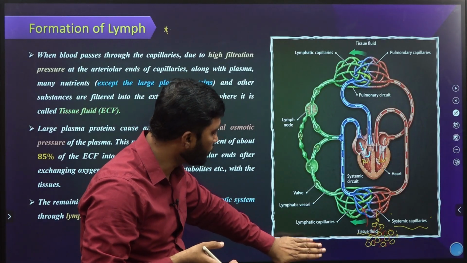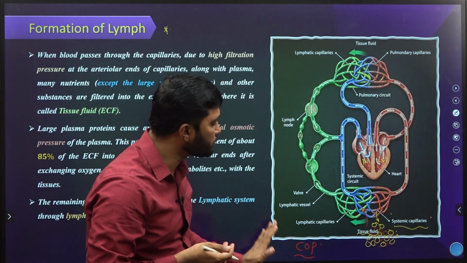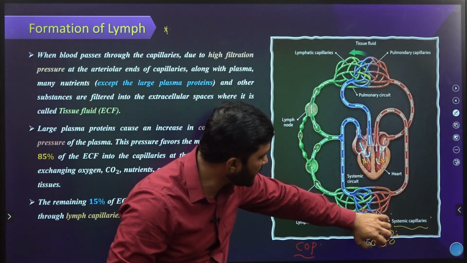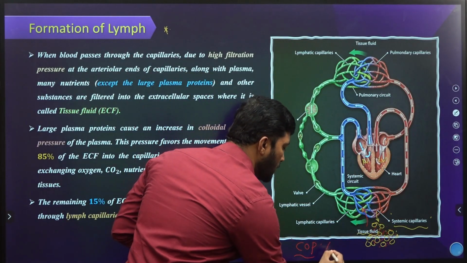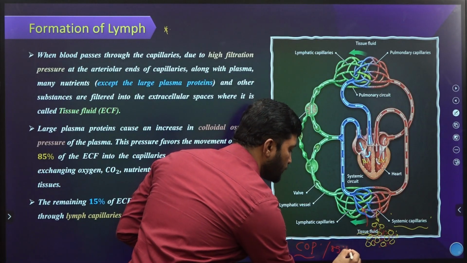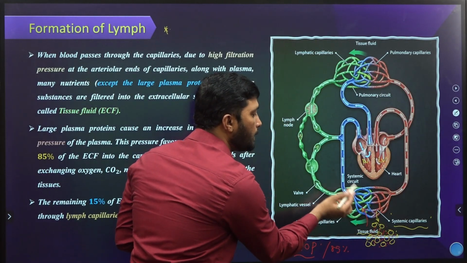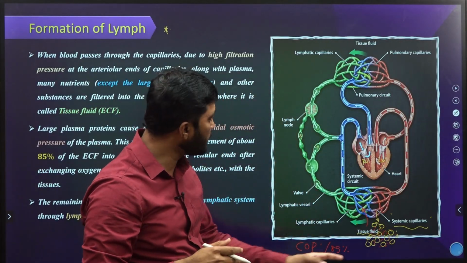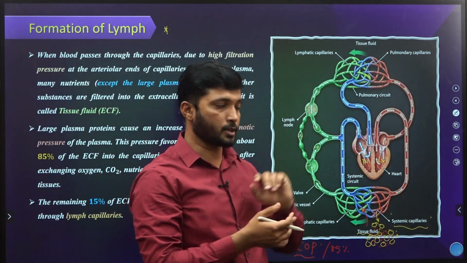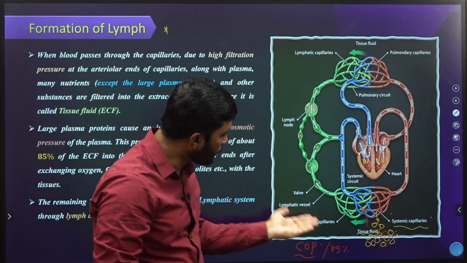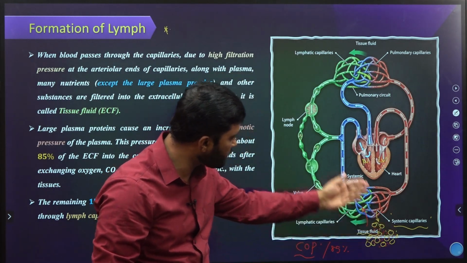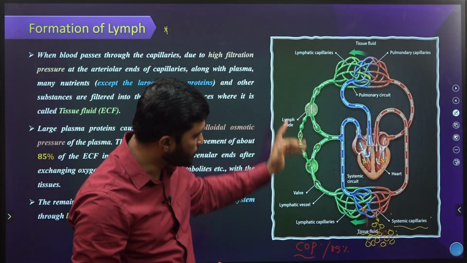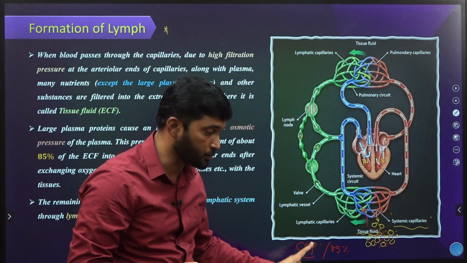And due to colloidal osmotic pressure, the maximum tissue fluid, 85% of the tissue fluid, goes back into the venous system, then is transported towards the heart. Out of 100, 85% of the tissue fluid is transported by the venous system due to this pressure, the colloidal osmotic pressure.